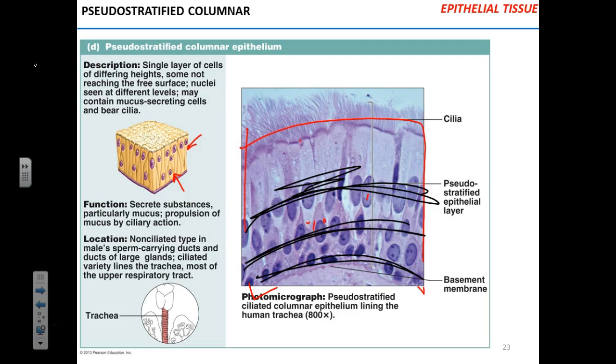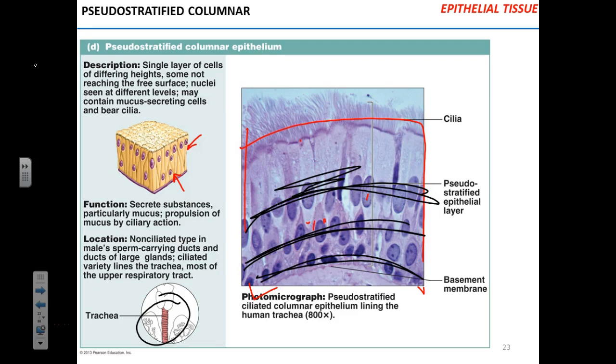Also, mucus secretion is pretty much similar to columnar. If they are ciliated, there is propulsion of mucus, for instance, in the trachea, where you have pseudostratified ciliated epithelium that moves mucus up.